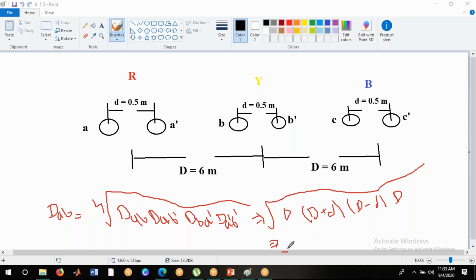Now here what is the D value? 6 into D plus d, 6.5, into D minus d, 6 minus 0.5 is 5.5, into 6. Then find out what is the value of DAB.